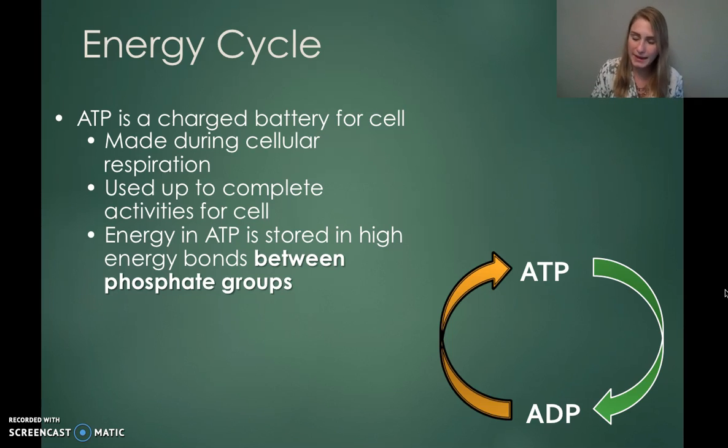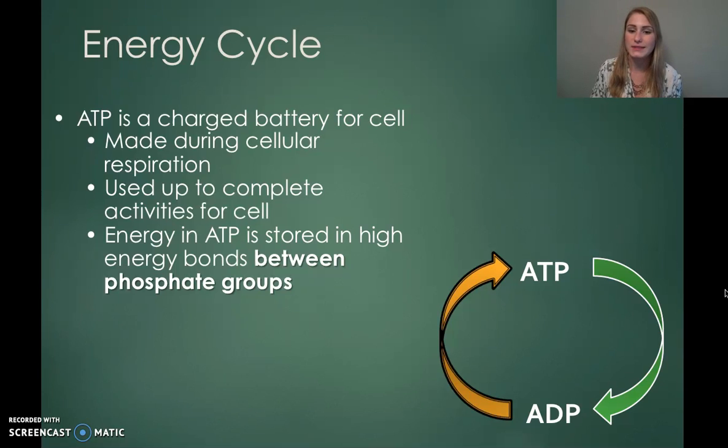We need to make this during cellular respiration, just like how a power plant is going to burn coal in order to store electricity within a generator. So it can be used up to complete activities for the cell. Once it is depleted, it can be recharged again. So ATP is charged, ADP is the used up battery, and then ATP again is the charged battery. So all of that energy is found in between the phosphate bonds.